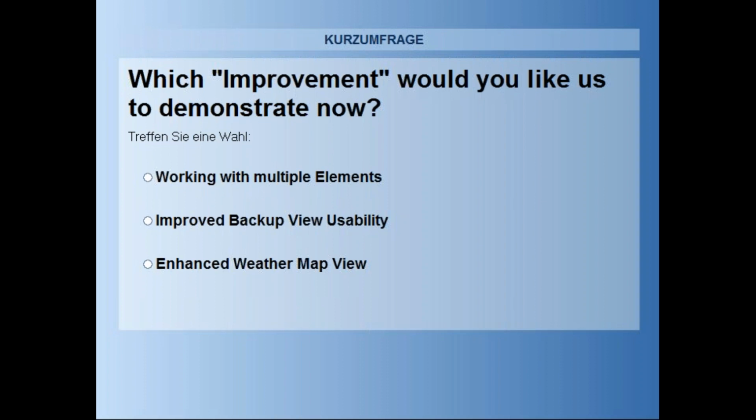Improved backup view usability kind of includes working with multiple elements, but we also added new functionalities which you also know from the GUI, like showing single backups directly, diffing backups. We improved the searching of backups, and this is also the same for the weather maps view. A lot of actions which are available in the Java GUI were added to the weather map view. And we also have some new stuff related to tagging in the weather map view.